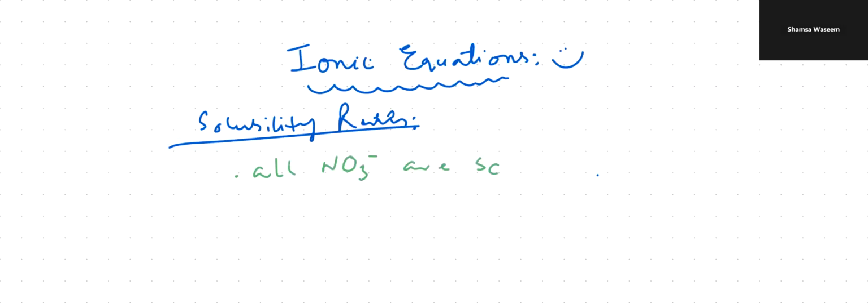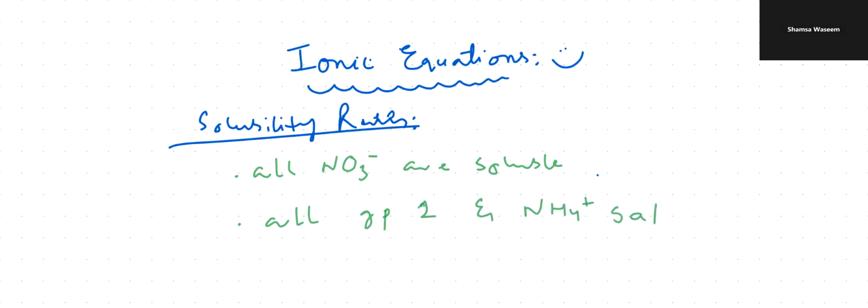Other is going to be all group 1 and ammonium salts are soluble. So whichever are group 1 salts and ammonium salts, they are going to be soluble salts. Soluble means they are soluble in water.